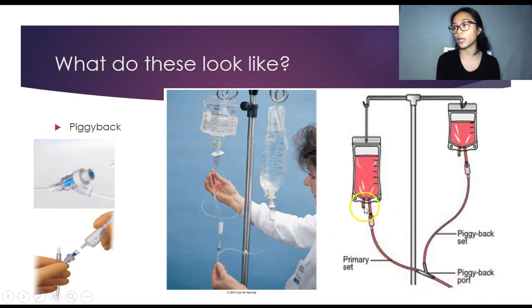This is the bag that was hung. It was spiked. The line was primed, connected to the patient's cannula, and then this is the bag that's piggybacked. And so they've done the same, but they've connected it to the IV port. And whichever one you're delivering, you open, and the one that you're not delivering, you clamp off or shut off, so it's not running. And so things can run straight after the other.